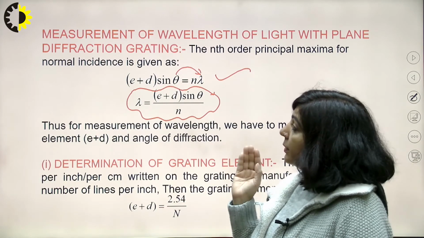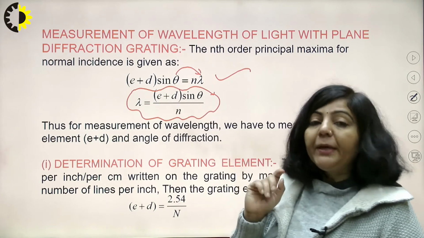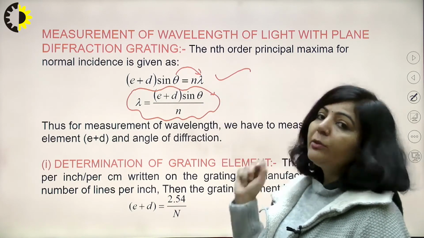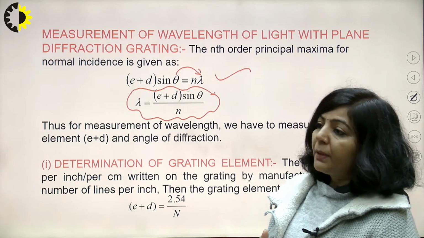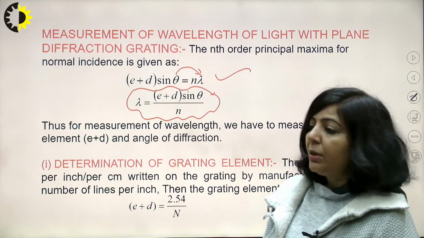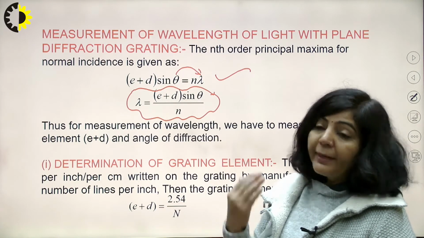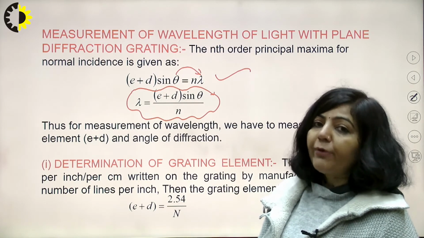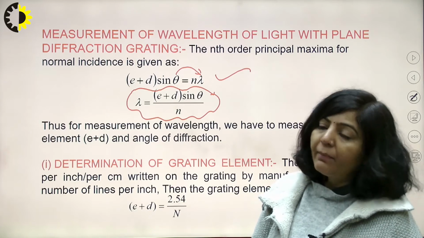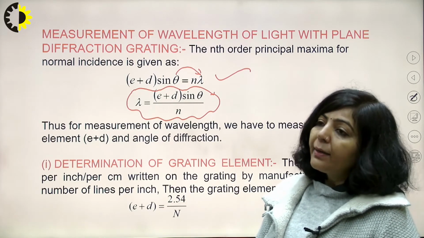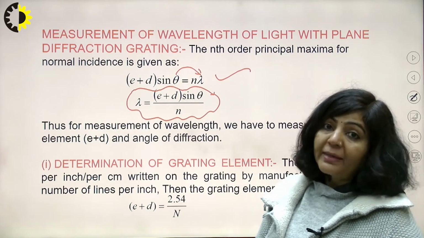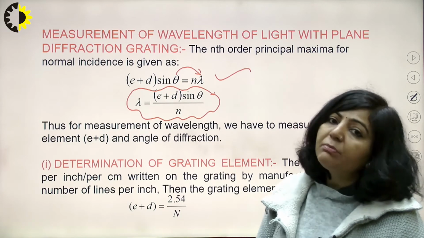Then the angle of diffraction depends upon the wavelength of the light source. So for different colors, you will get different angles of diffraction. The color with minimum wavelength will have the minimum angle of diffraction, and the color with maximum wavelength in the spectrum will be diffracted the most, meaning the angle of diffraction will be maximum for that color.